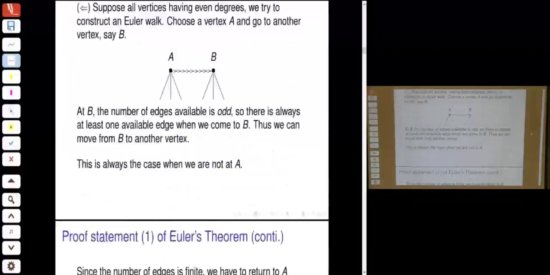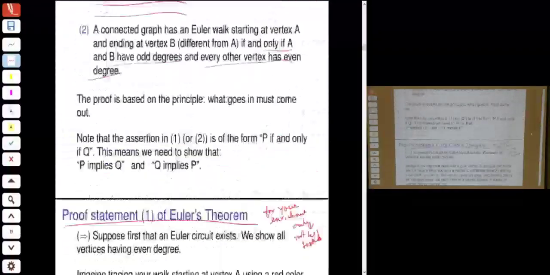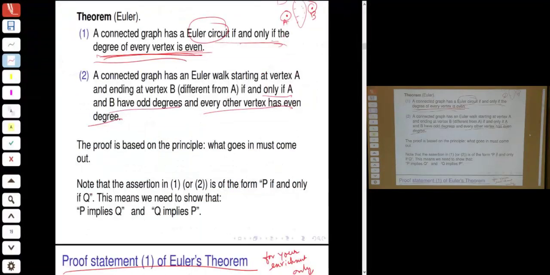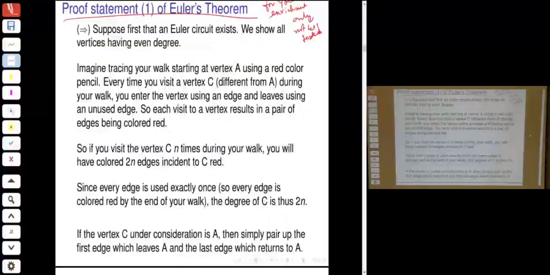What I will do in the lecture is discuss an easy aspect of the detailed proof of the existence result for Euler walks.